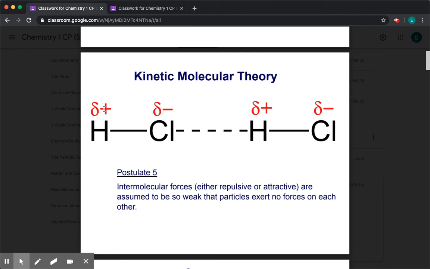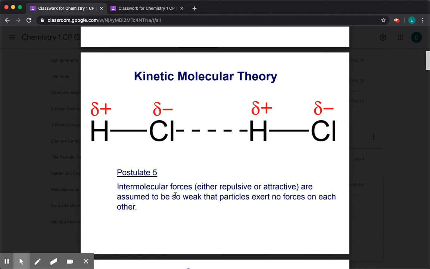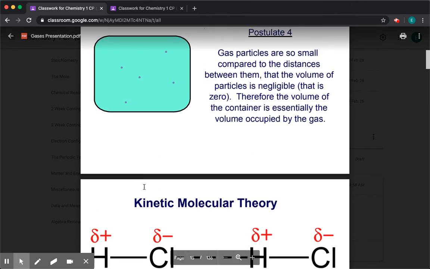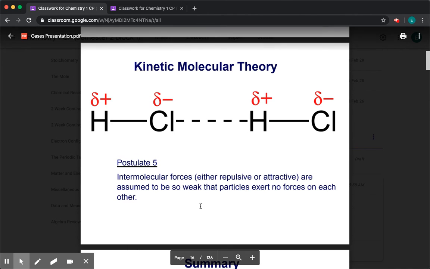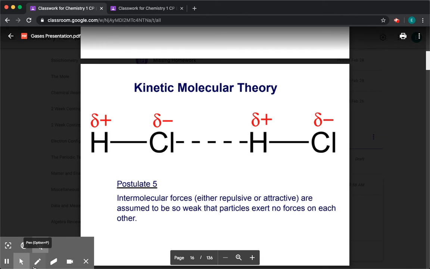So positive is attracted to negative, and if they're the same, they push each other away. What this is saying is that the intermolecular forces between the gases are too weak to matter. So we pretend that there are no forces of attraction or repulsion acting on the gases.